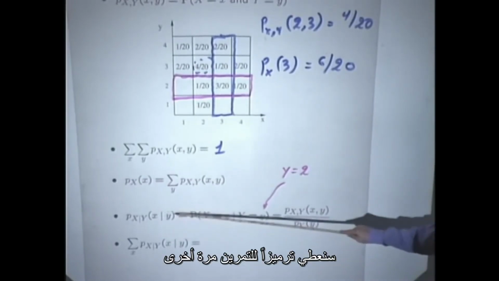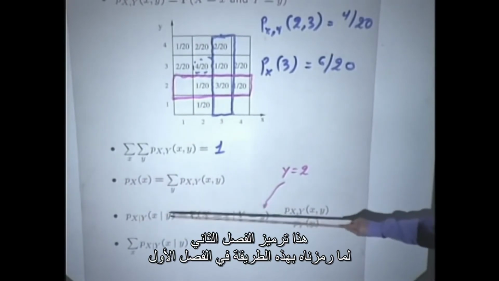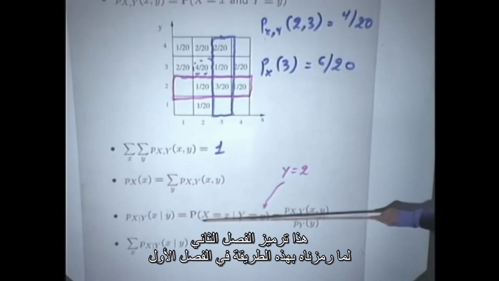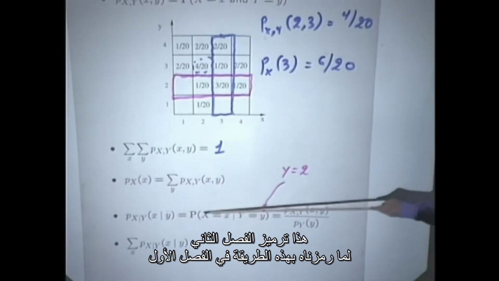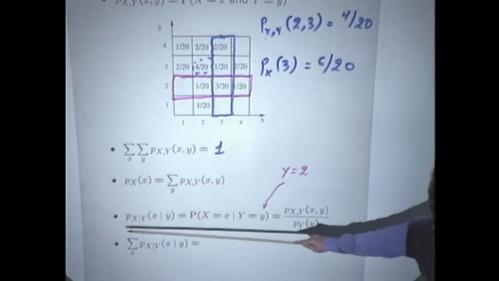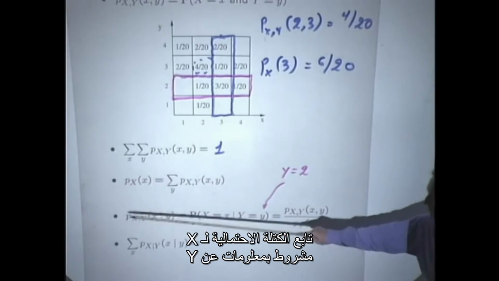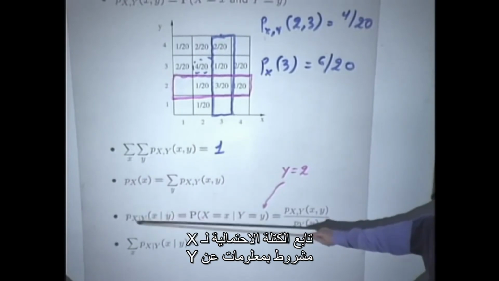Once more, just an exercise in notation. This is the chapter 2 version of the notation of what we were denoting this way in chapter 1. The way to read this is that it's a conditional PMF having to do with 2 random variables, the PMF of x conditioned on information about y.